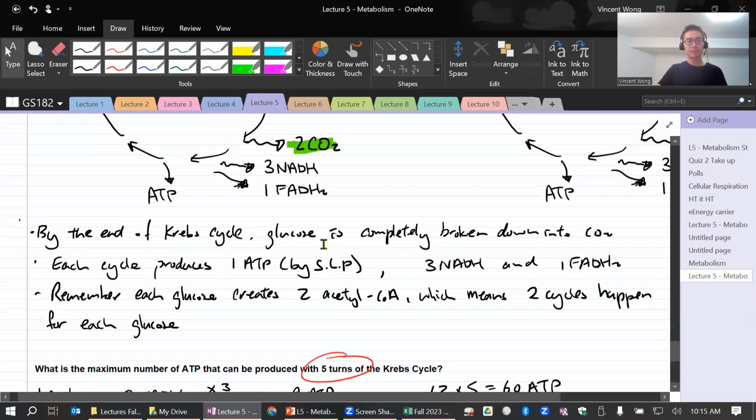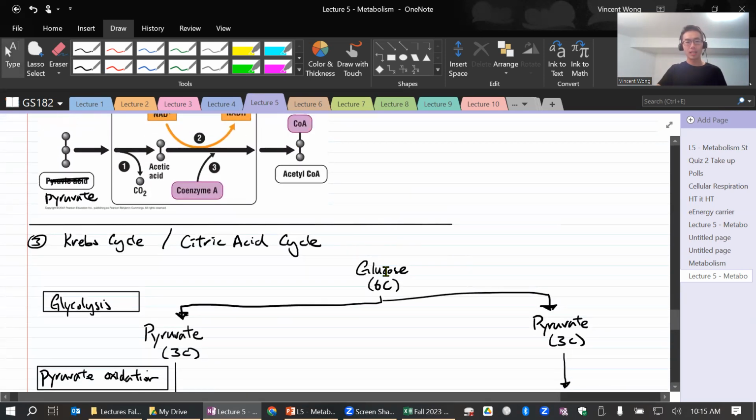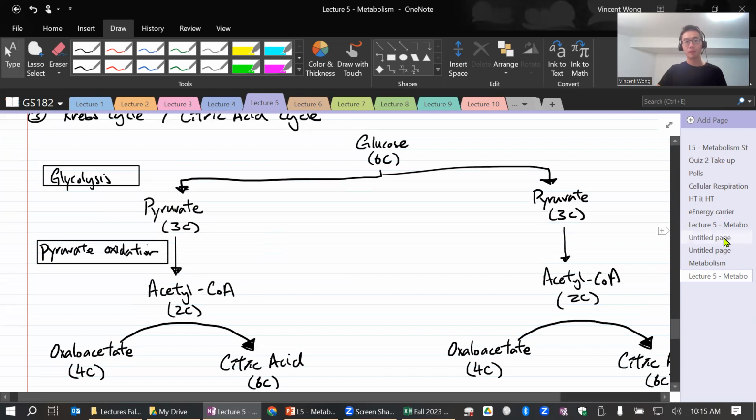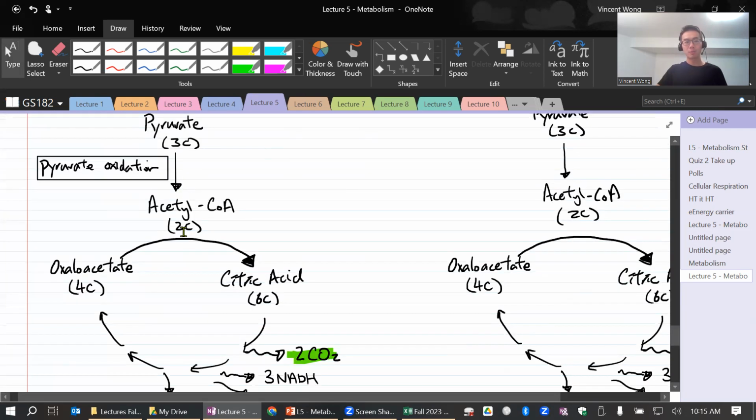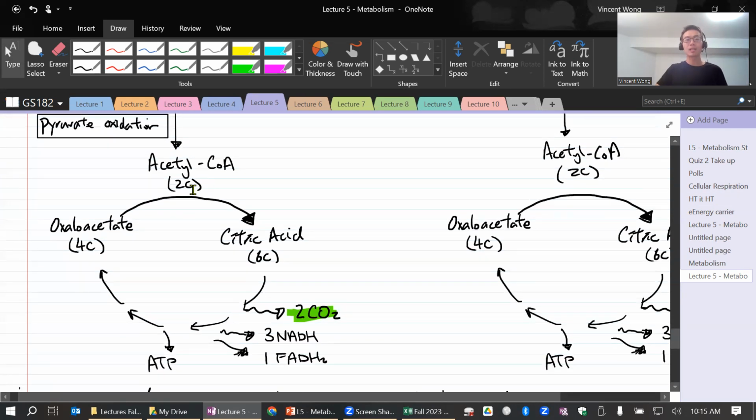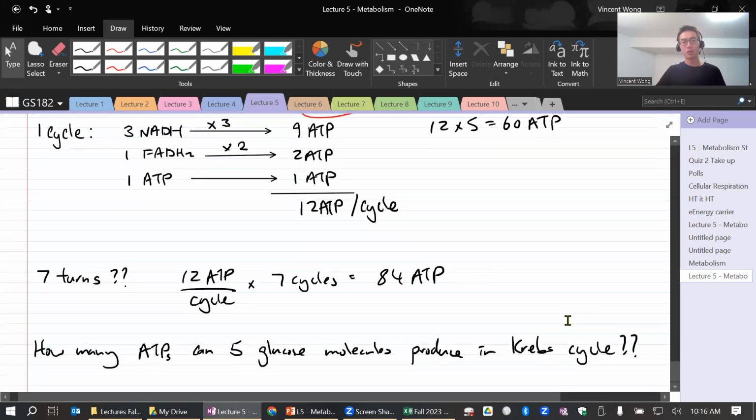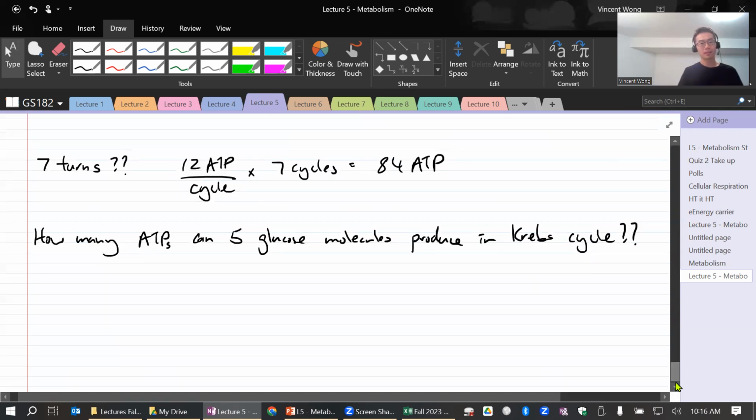Let's take a look. Each glucose gets broken down into 2 pyruvates. Each pyruvate gets converted into acetyl-CoA, and each acetyl-CoA will spin once. So 1 glucose is 2 spins.